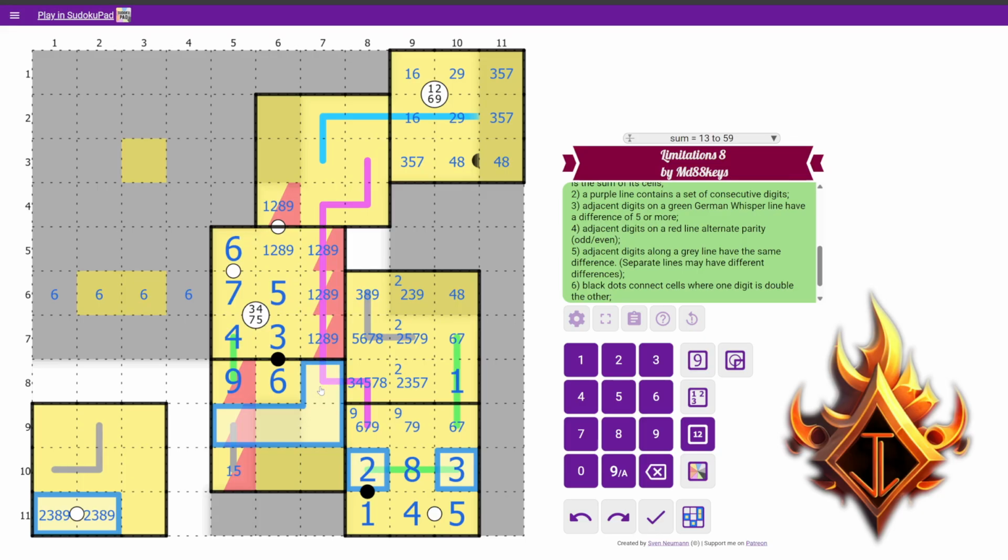Or there, but 8, 8, 9. 9 could go here. 8 could go there.